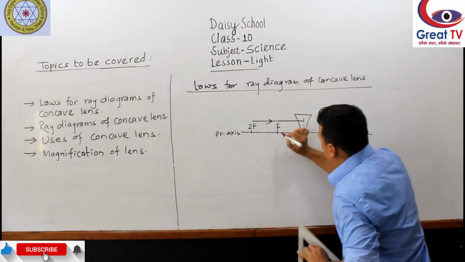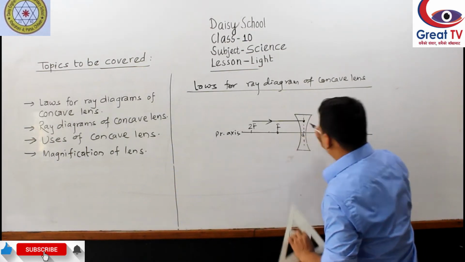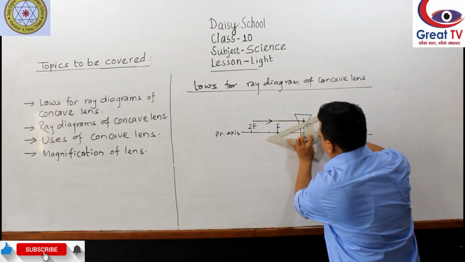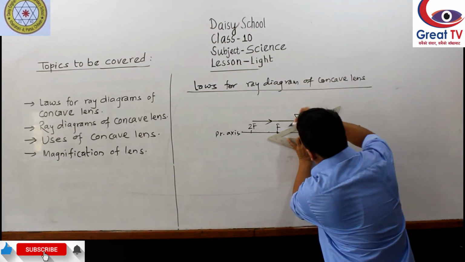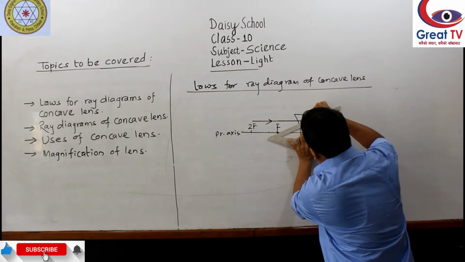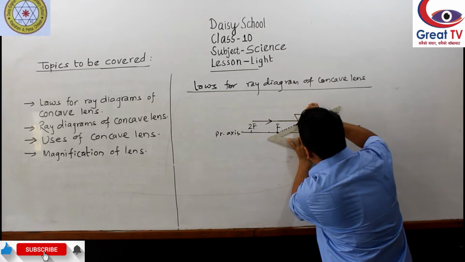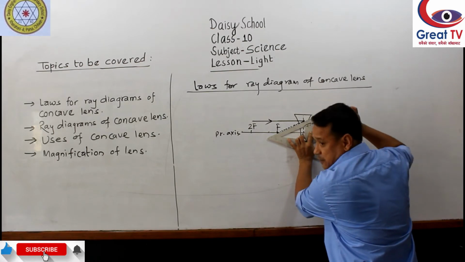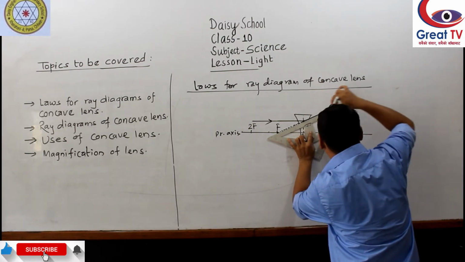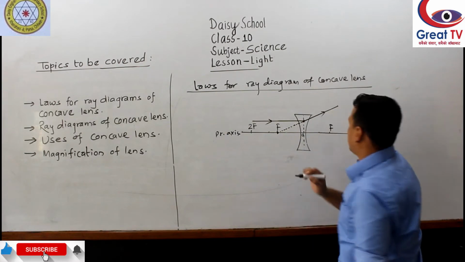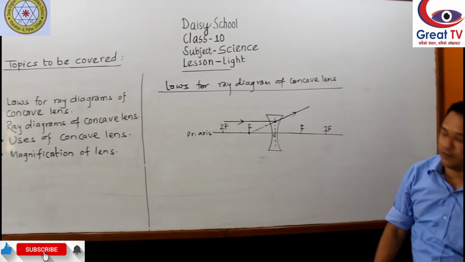That's why you have to connect the focus point to the lens with a dotted line, because this is not a real light ray, it only appears to diverge. After that is the straight line. This is the real light ray diverging from the concave lens.